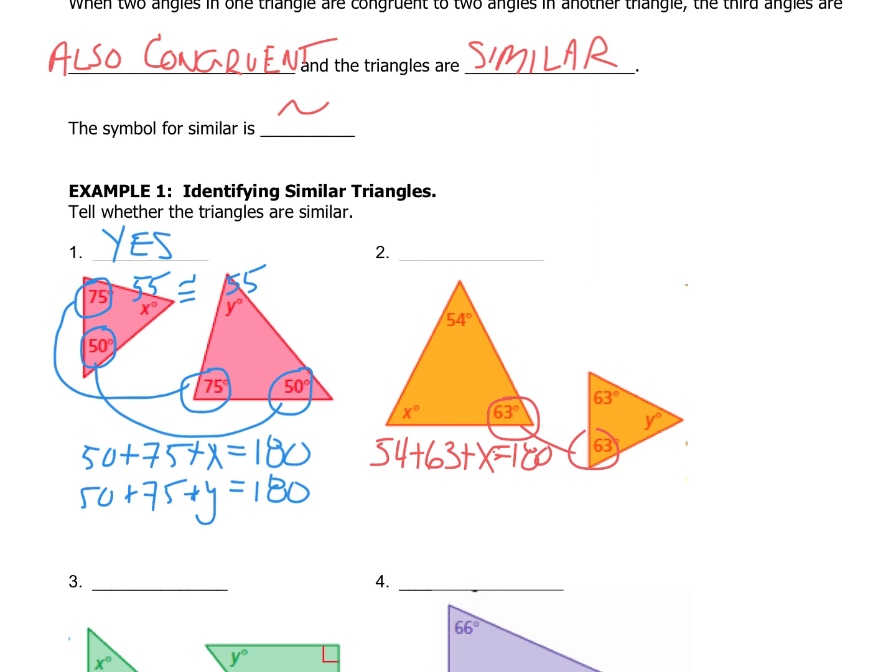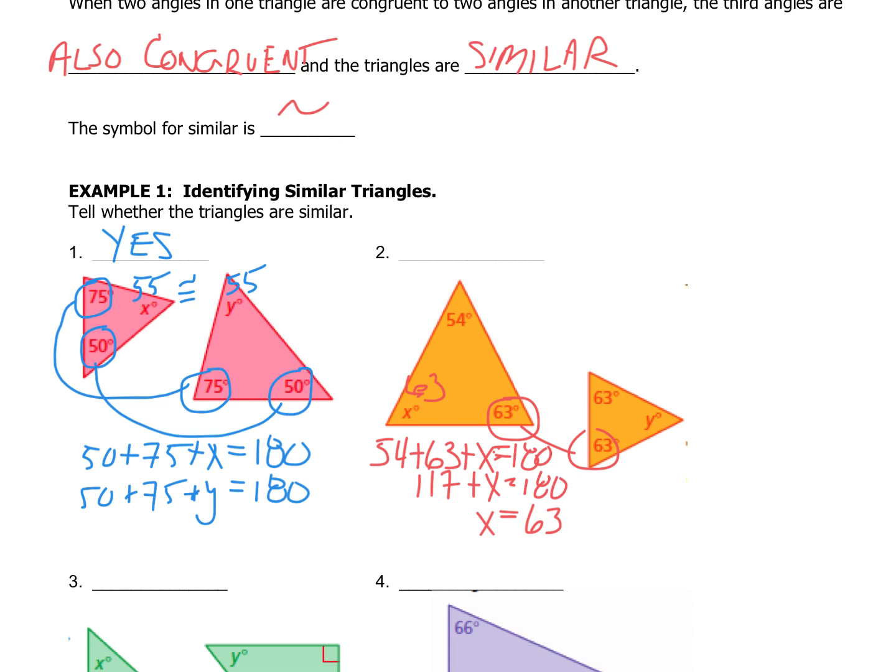If I combine my like terms, I get 117 plus x equals 180. When I subtract the 117 from both sides, I get x equals 63. So this missing angle is 63.